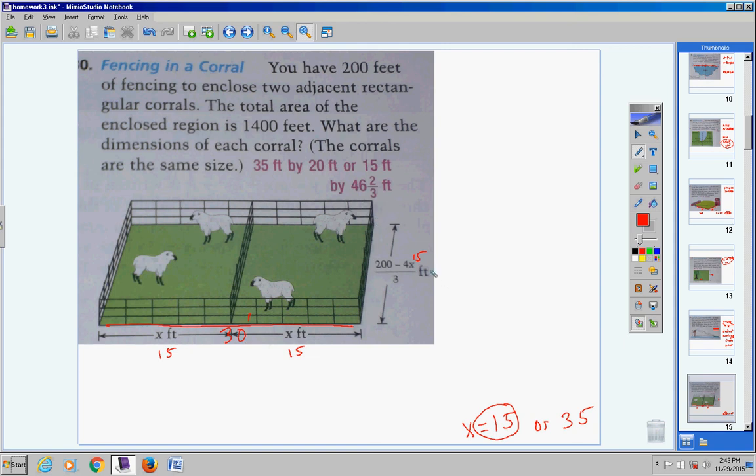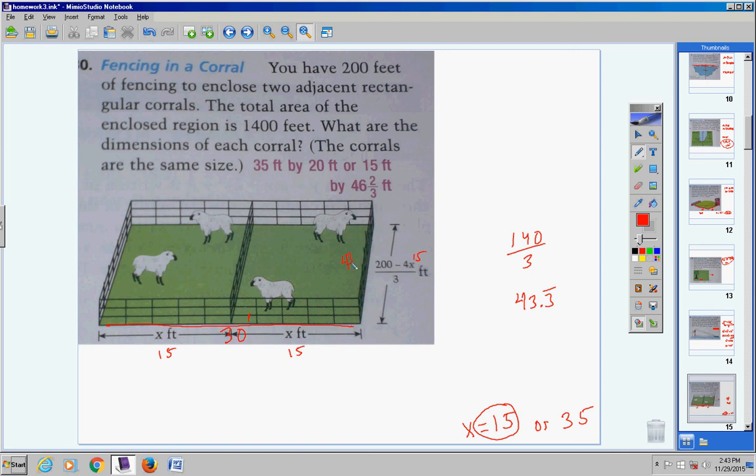This length right here, well, 4 times 15 would be 60. So 200 minus 60 would be 140. And 140 divided by 3 would be 43.3 repeating.